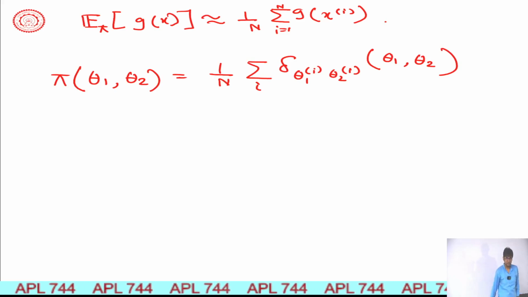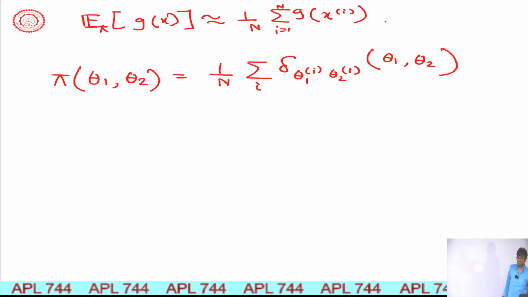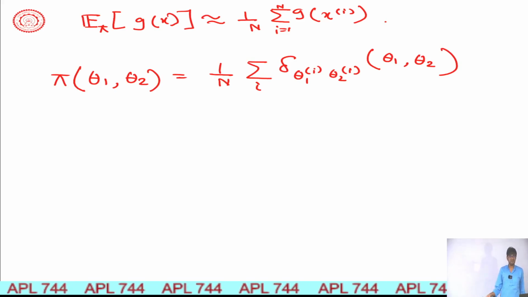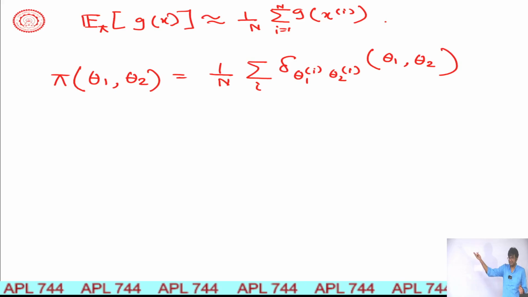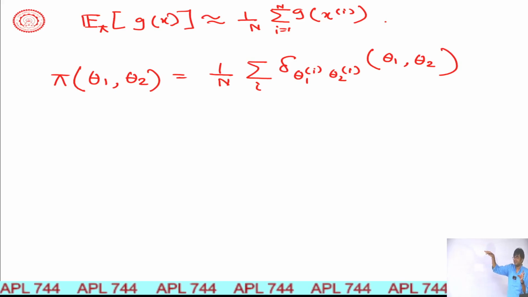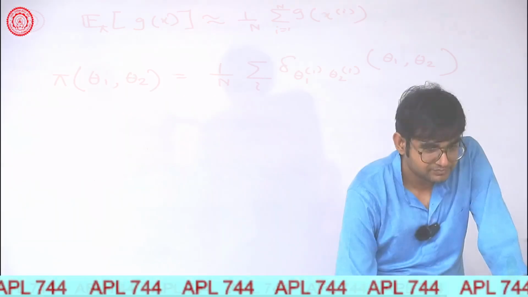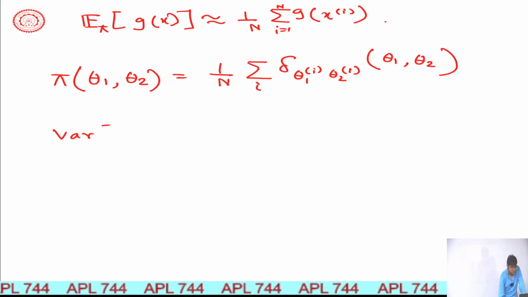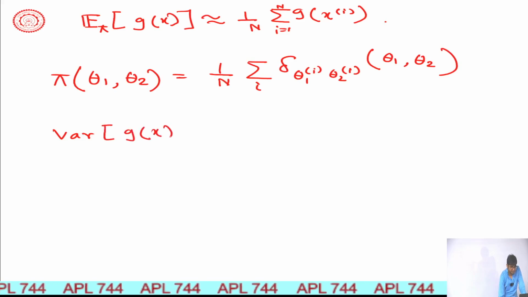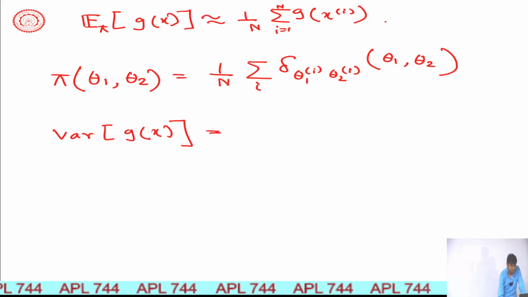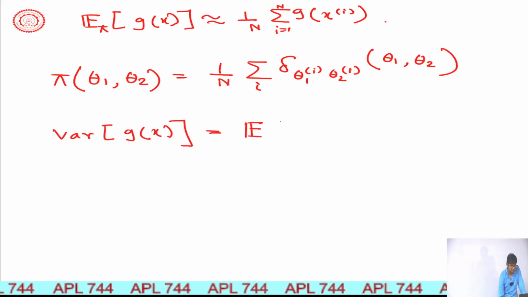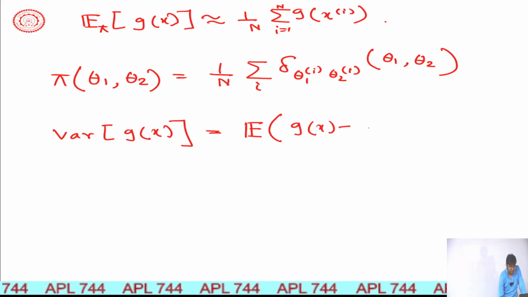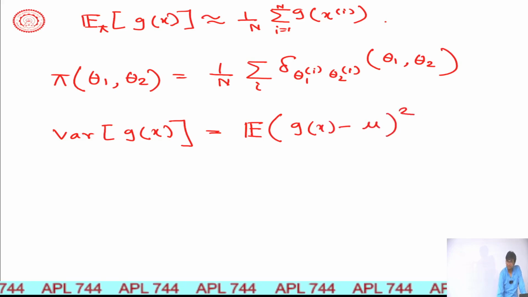If I have to find out, I don't know, the variance, I can again find out the variance. Variance is nothing but the expectation of the square term. So variance of, let's say, g of x is equal to the expectation of g of x minus mu, whole square.